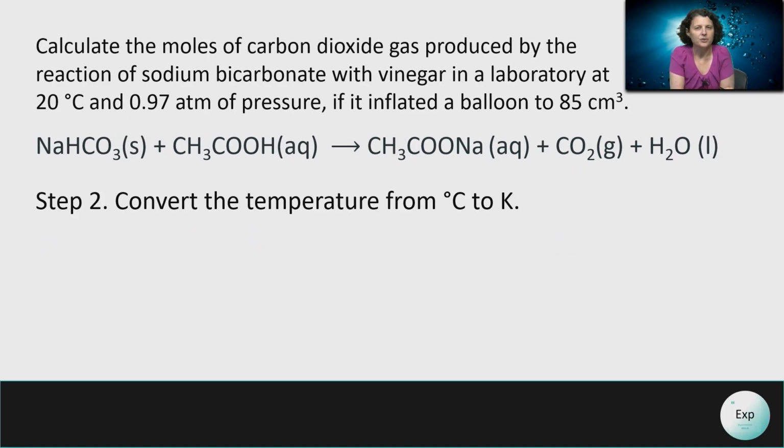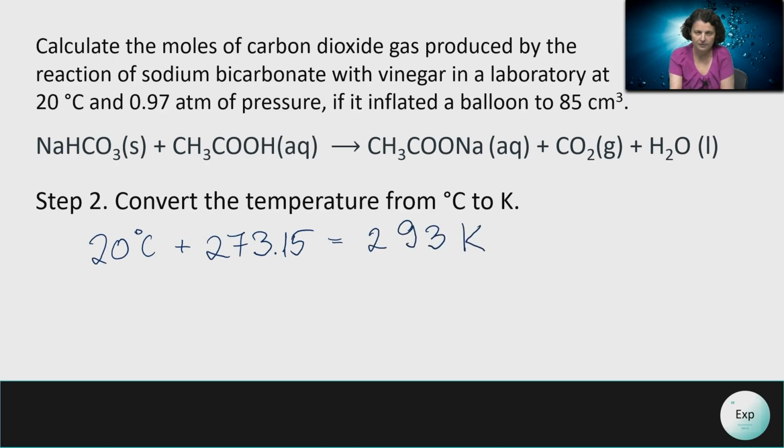In the next step, we ensure that our temperature is in the appropriate units. If we have a temperature of 20 degrees Celsius, we need to convert this to Kelvin, and we do that by adding 273.15 to it, giving us 293 Kelvin. We can remove the 0.15 from this calculation if we're considering the significant figures, because the 20 degrees Celsius does not have any decimal places in this measurement.